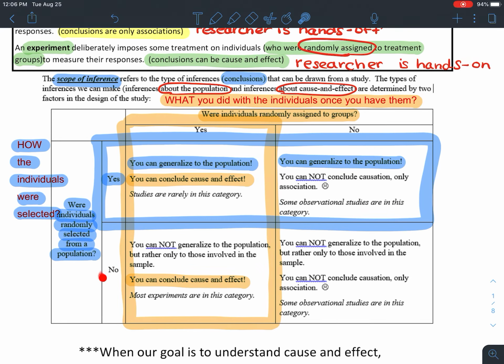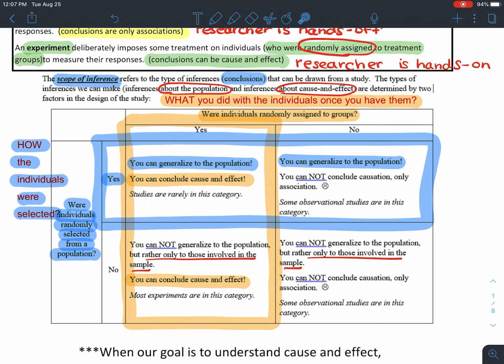So if you're landing down here at no, I did not gather the individuals randomly from a population, then whatever your conclusion is, you're not allowed to generalize your results to the overarching population. You can only generalize those results to people who were in that specific sample.